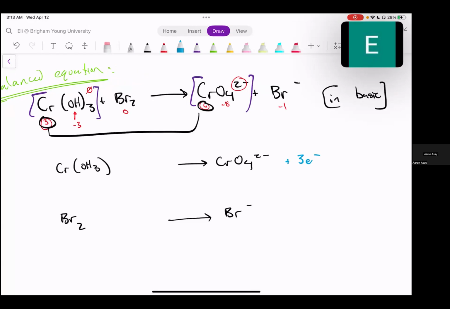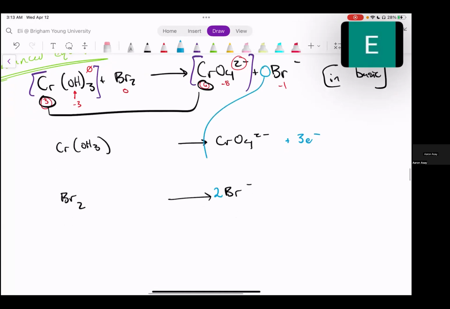And we look at this, and this one's kind of tricky. What we have to do first is balance this half equation. We only have one bromium over here, and we have to change that to a 2 in order to get a balanced reaction.